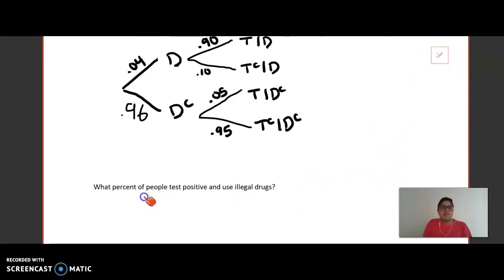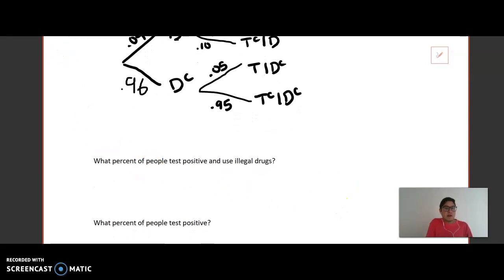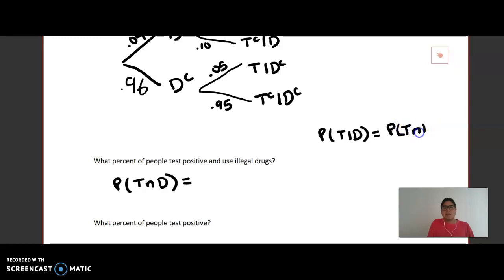So let us figure out now these events. What percent of people test positive and use illegal drugs? So this first probability is the probability that they test positive and they use drugs. Well, remember our conditional formula is that the conditional probability is always equal to the intersection over the condition.